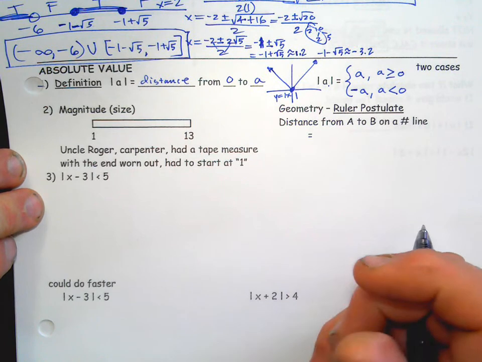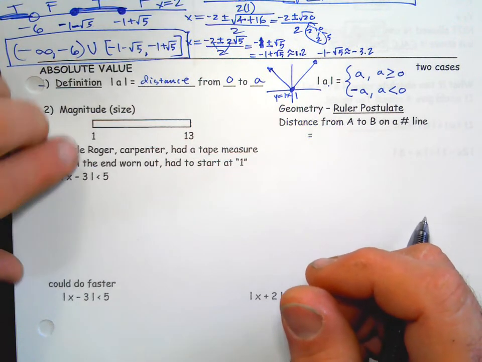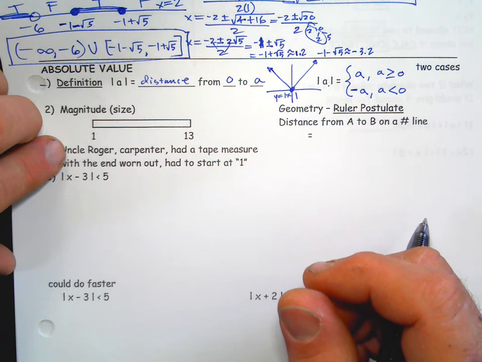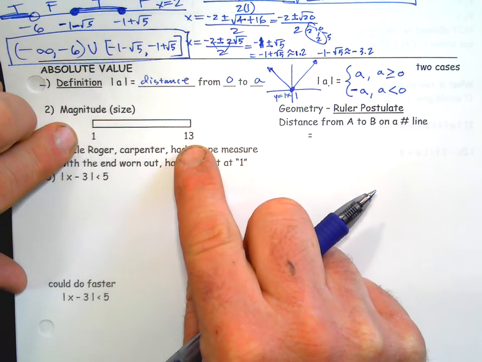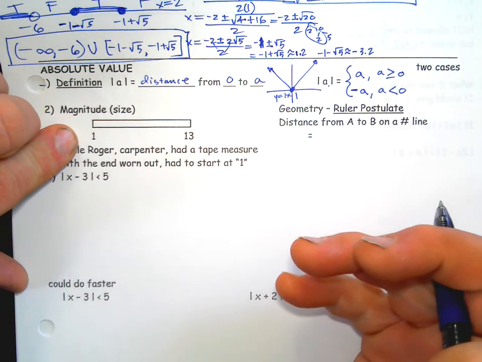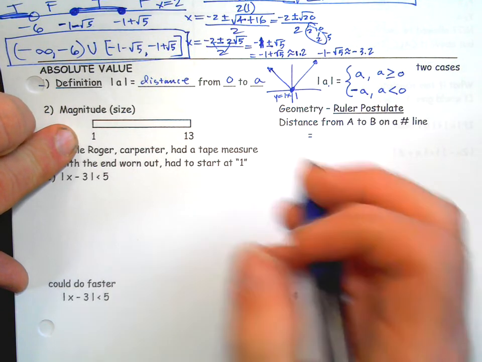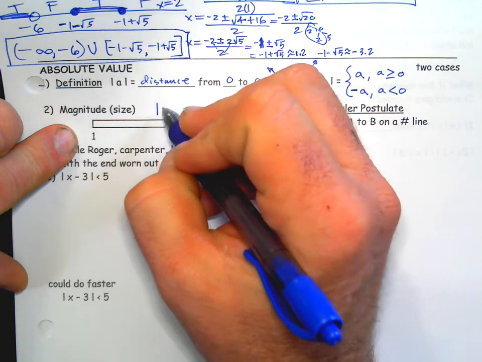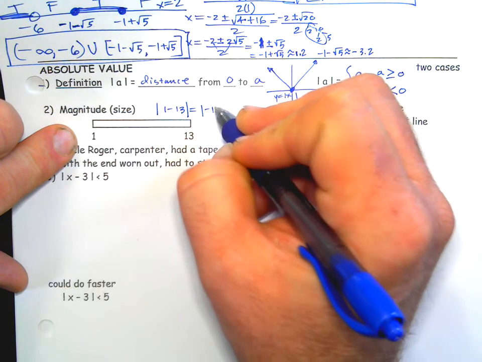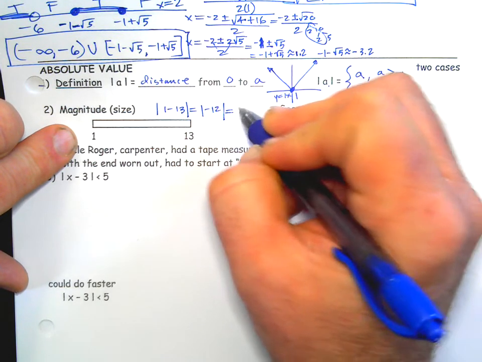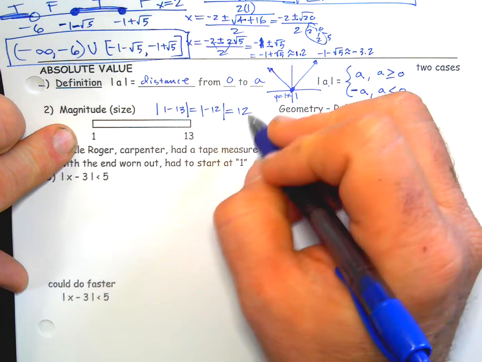So this is what Uncle Roger would do. He'd say, well, let's just start at the next nicest inch. Okay, I'll start at inch 1 and go to inch 13. Then you could find the length of that, right? Would it be 13? No. How would you do it? You'd subtract one of these from the other, either one, by the way, and force it to be positive. And you get your length.